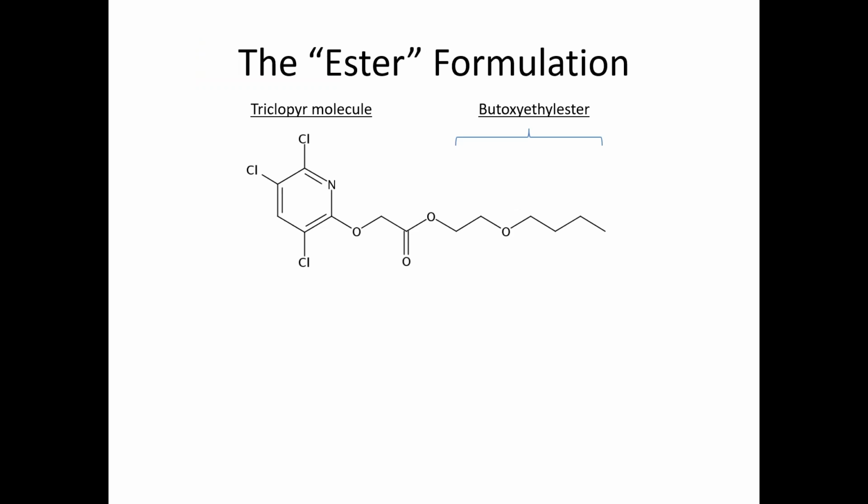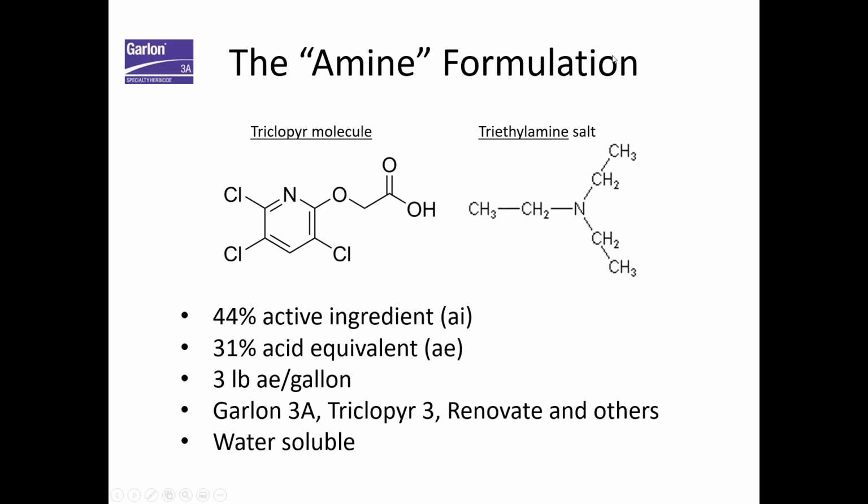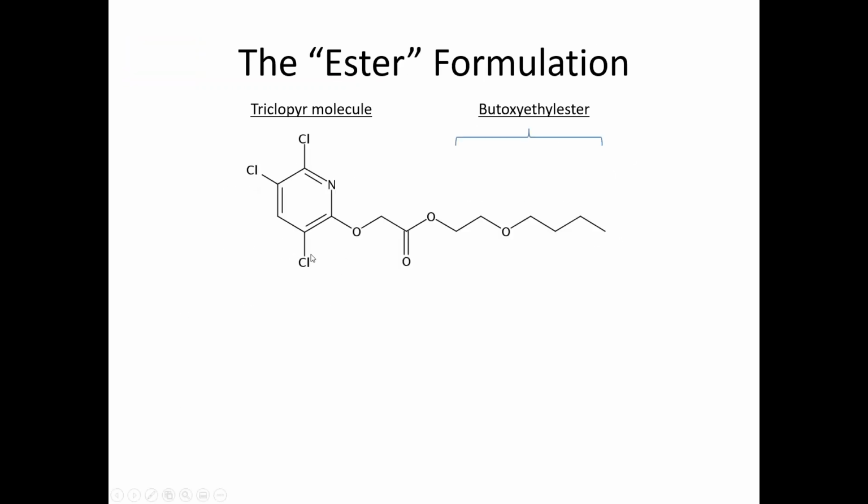So the ester formulation, this is the other one that everybody knows or has frequently utilized. Here we have our base Triclopyr molecule again, and in this case, we've got this butoxyethyl ester tail attached to it. Now, this is sort of like a long, greasy hydrocarbon tail that is attached in this form of the ester.